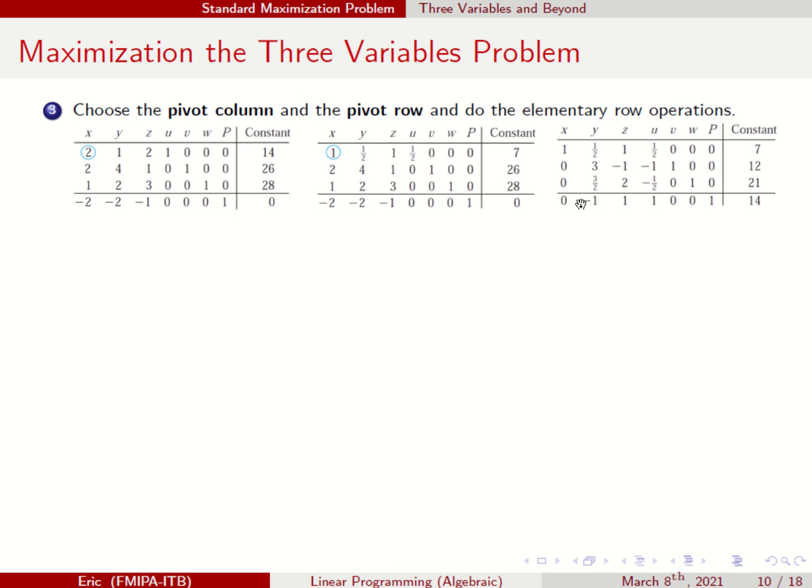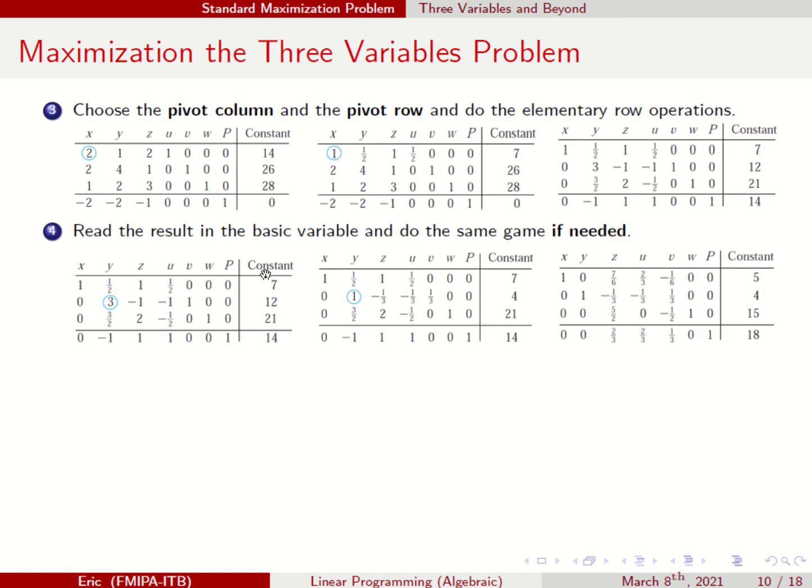And then this still has a negative. In the profit, if you change this into the right hand side, it will give you 1y. And y is non-negative, so if you increase y, you increase the profit. So you can still do the same game. You choose the pivot column, then the pivot row, this one or this one. 7 divided by a half is 14, and 21 divided by 3 over 2 is 14.